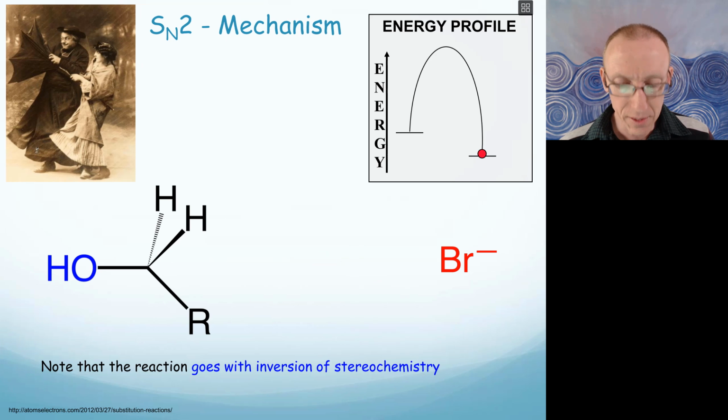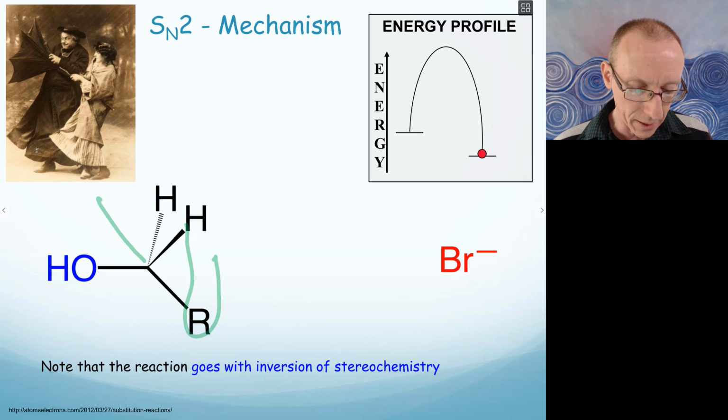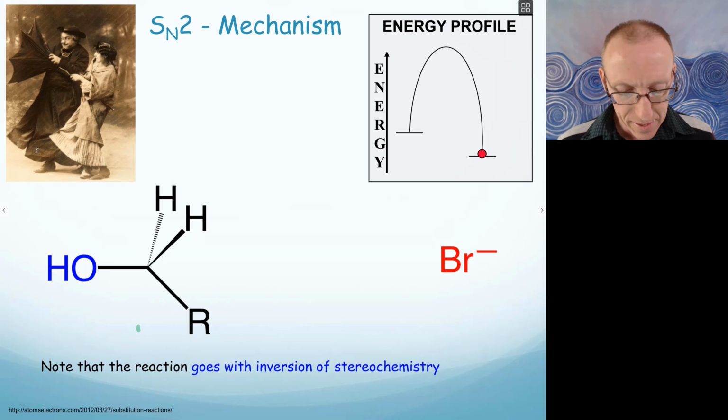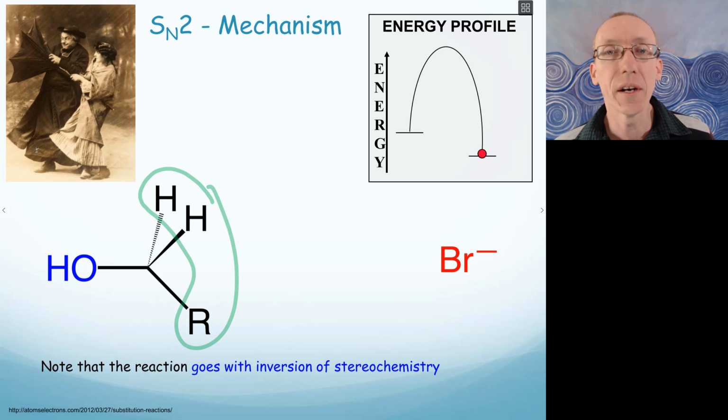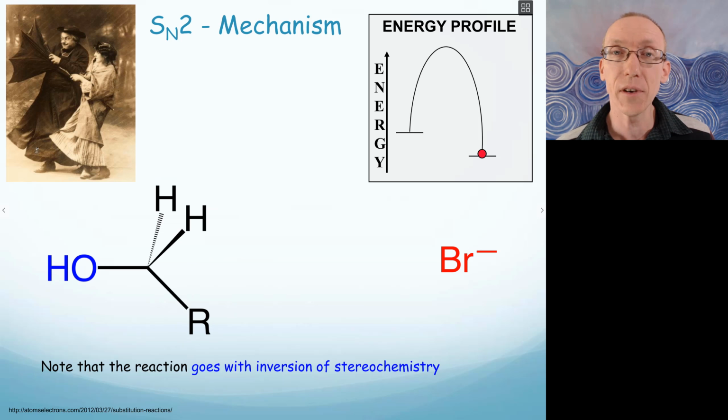And finally, when we get to the products, we've managed to get the nucleophile now bonded to that carbon, and these three groups here are now pointing in the opposite direction to what they were before. Before they were over here getting away from that bromide, now they're on this side trying to get away from the OH group. So the molecule's tetrahedral again, but it's undergone what we call an inversion of stereochemistry.